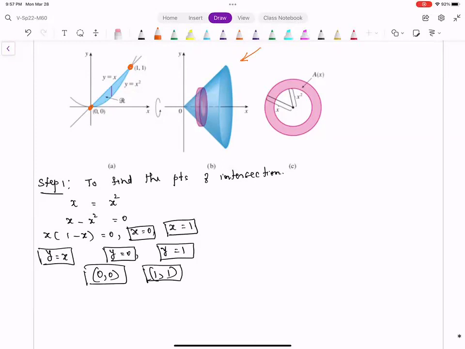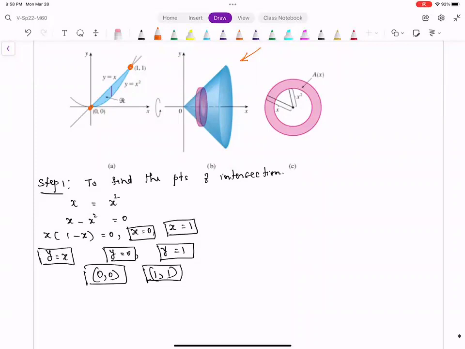So when you make a cross section as before, you're going to get a ring, a kind of washer, which has an outer rim and also an inner rim. You're going to get some kind of a donut or a tire where you have an outer rim and an inner rim. So you're going to get two concentric circles with a hole in between.